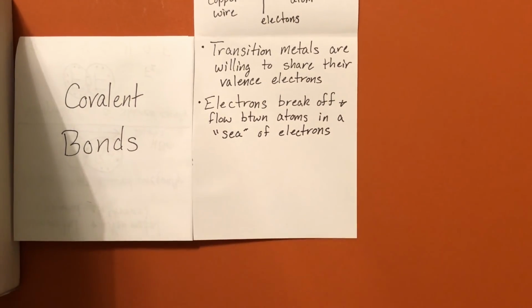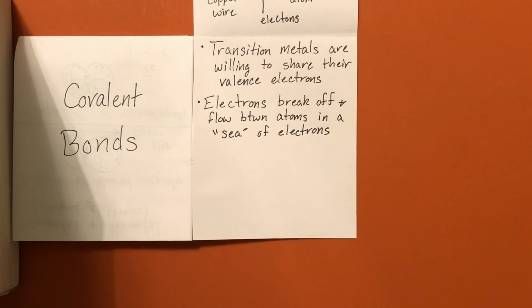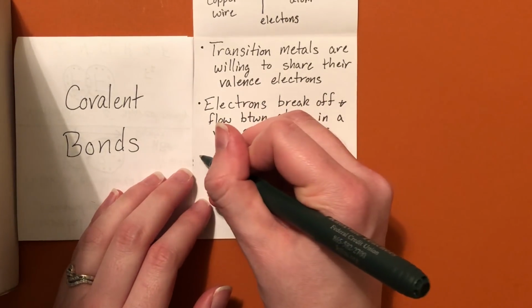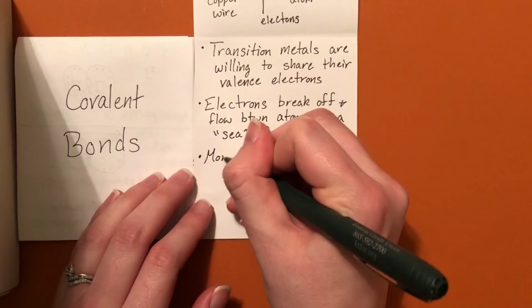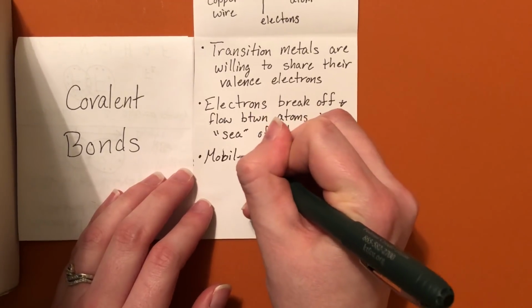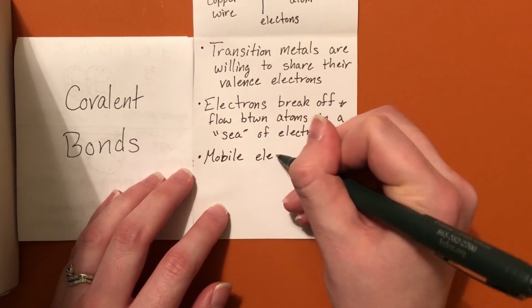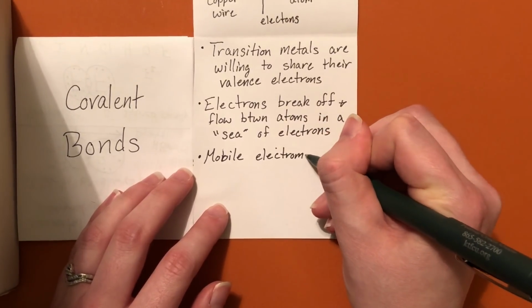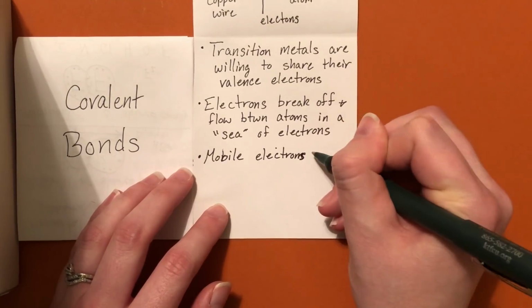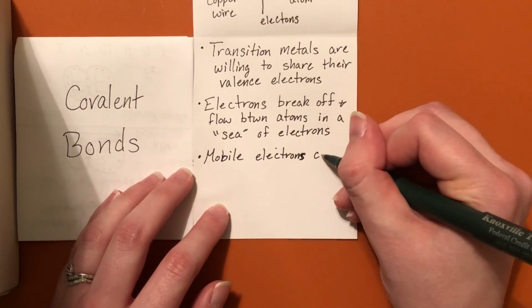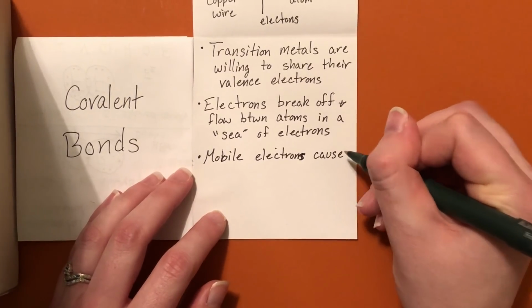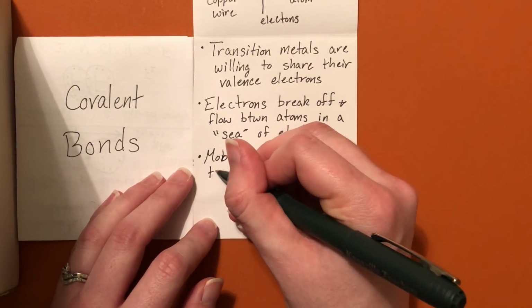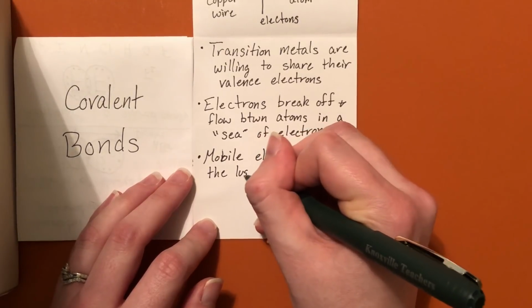So with all these electrons moving about, anything that is a moving object, we call it mobile. So these mobile electrons, electrons that are moving about, cause the luster of metals.